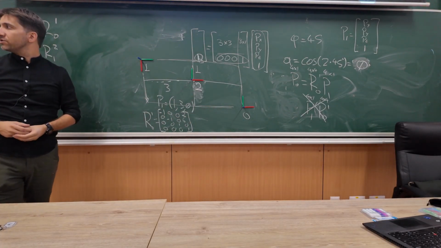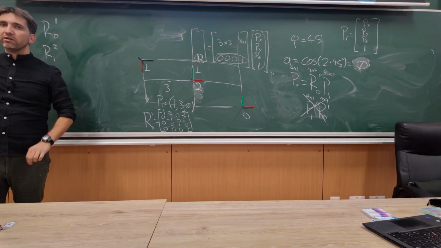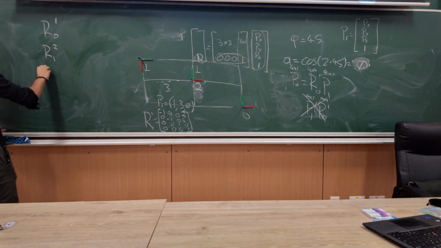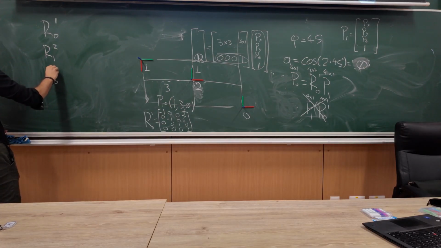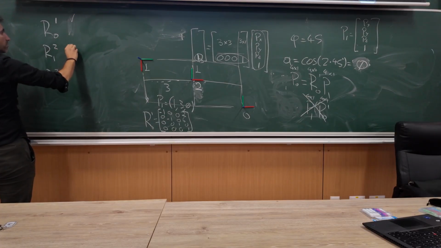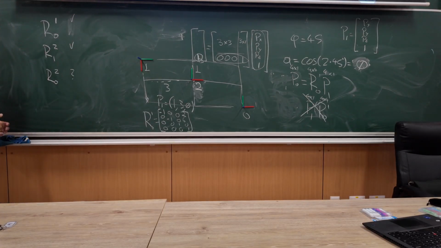Same idea. It's not just about knowing where the point is, but also how it's oriented, right? I know this, and I don't know this one from 0 to 2. How do I calculate it?